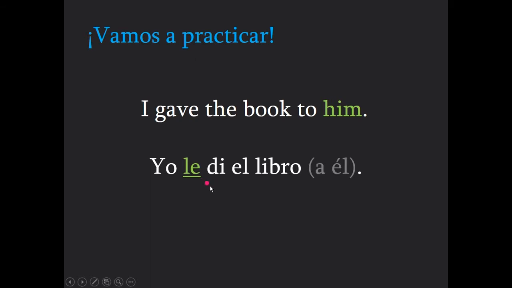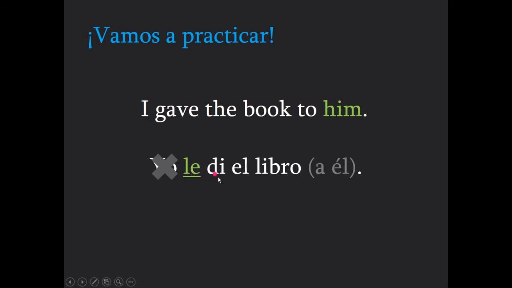Now I do want to point out something here. I've used the word yo, but remember, the word di here means I gave. So because di means I gave, the I is understood. So most Spanish speakers are not going to say yo le di el libro. They're just going to say le di el libro.